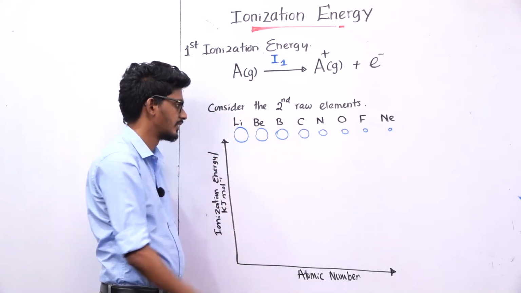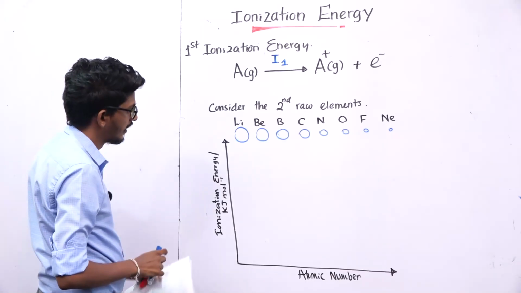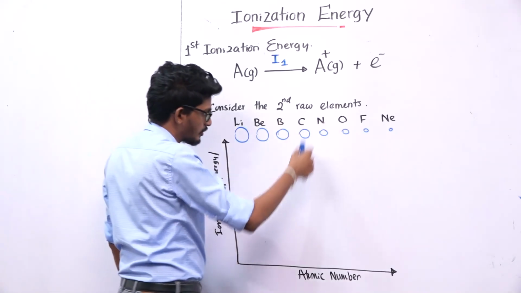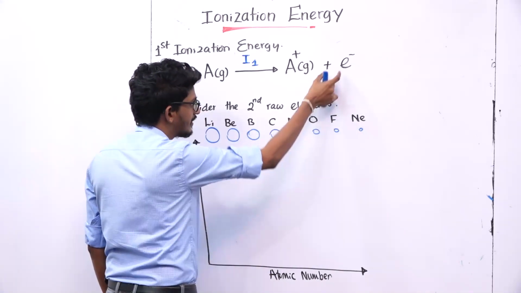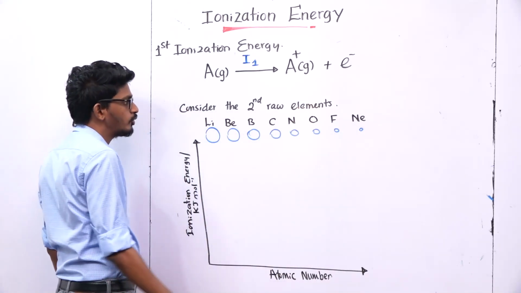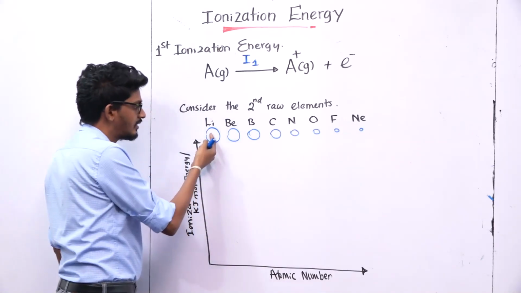We had discussed the trend in atomic radius going towards the right of a period. When the atomic radius becomes smaller gradually, the outermost electron, the most loosely bound electron, is much closer to the nucleus here than in here.